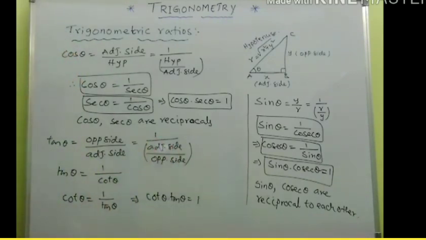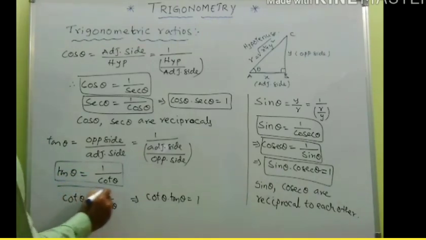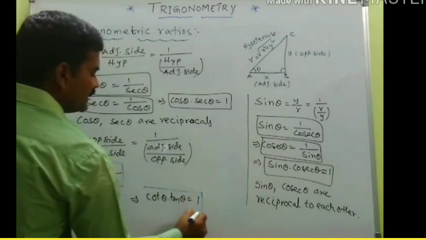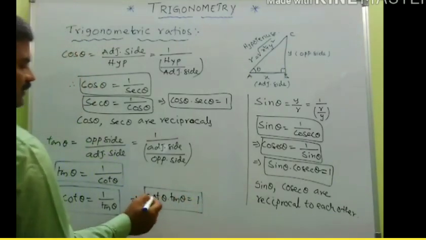So these are the three more results. Please remember, tan theta we can also write as 1 by cot theta, cot theta as 1 by tan theta, and cot theta into tan theta is always 1.